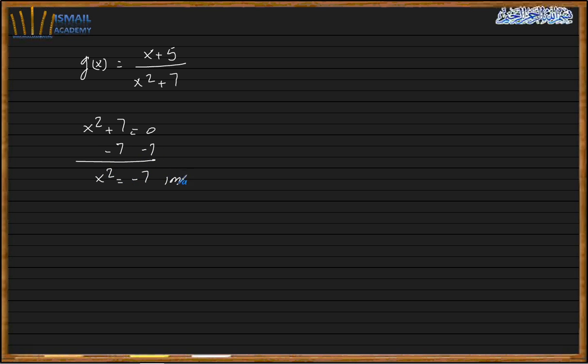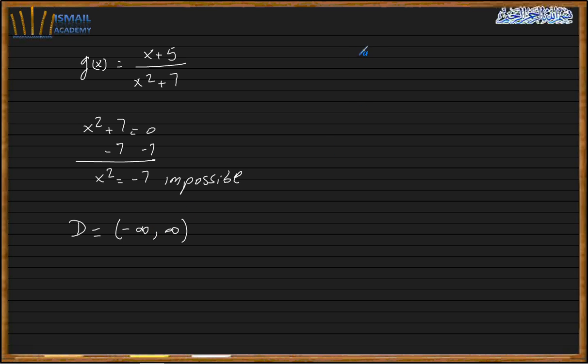This is impossible. What does it mean? It means the denominator can never be equal to 0. Any value of x you pick, it can never be 0. So that means every x works for me. So my domain will be all real numbers, from minus infinity to infinity. There is no excluded value here. So if you have no excluded value, that means the domain is all real numbers.